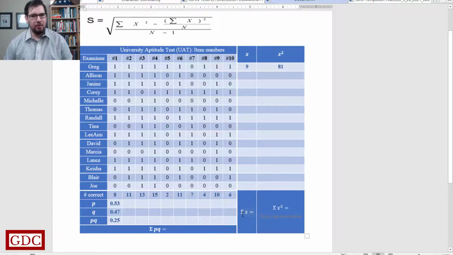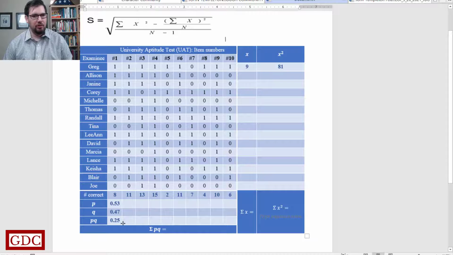Then you can sum up all the x's, all those numbers, and put a number here. Then you can sum up all the x squared numbers and put that sum here.